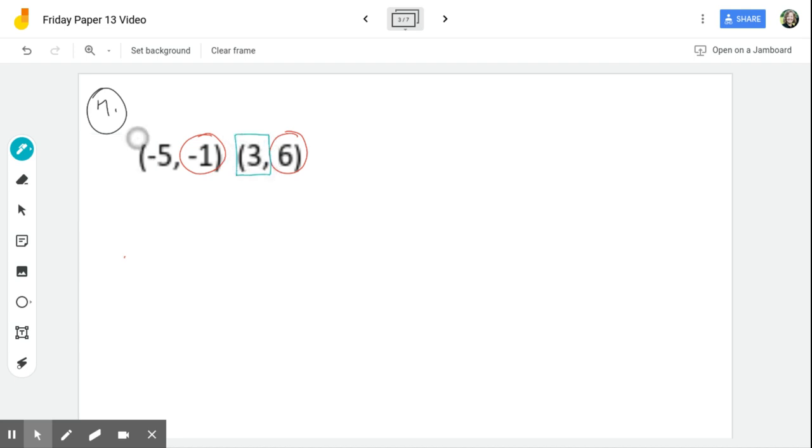These are my x values. Okay, so slope is change in y over change in x. And change tells me I need to subtract.